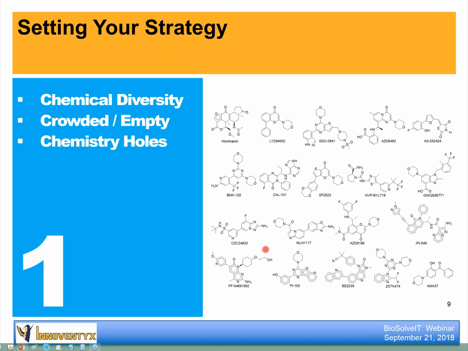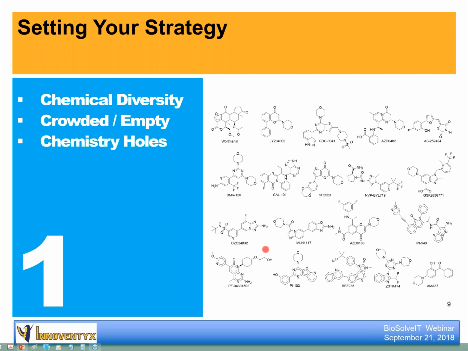At the same time, we can see how crowded or how empty the space is from a chemistry perspective. If we have 50, 100 different types of scaffolds, that is telling us that it can be crowded. It might be a little difficult to enter into that space. Or we may find in an example that we only have 3 or 4 chemical entities known. So there might be an opportunity there for a research program.